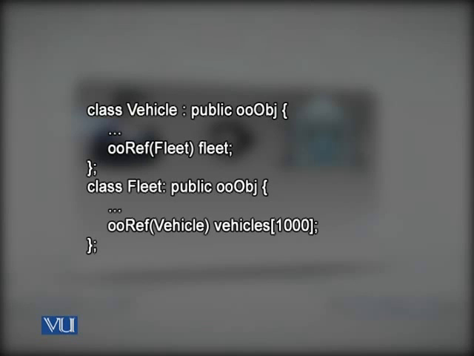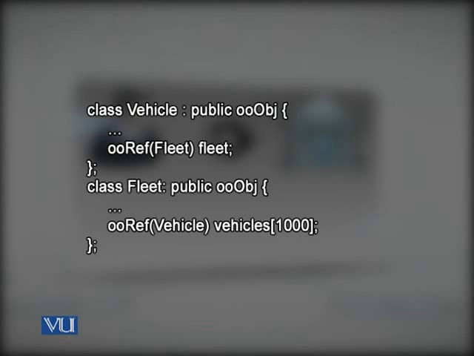Now this vehicle is the PCC name, persistent capable class name, and vehicles[1000] is an array of 1000 components. So vehicles starting with the small v is the name of the attribute, which is of array type with 1000 components, and each component is pointing towards an object of type vehicle. So this is how you declare an attribute of OOREF type.